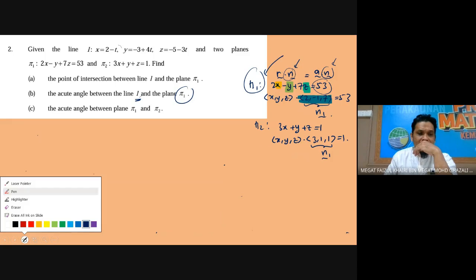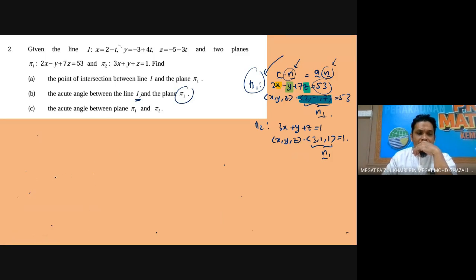Now, just imagine the first plane, okay, if you watch, kamu tengokkan, just imagine this plane from the side, daripada sisi. This is the plane of pi 1. And now, let's say we have another plane of pi 2.